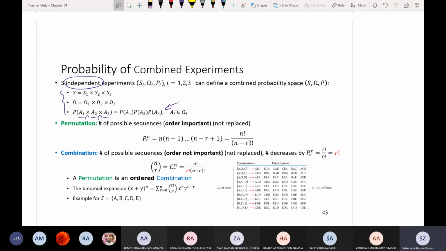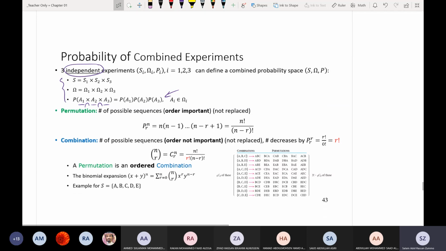Most of you, I think, have taken it somewhere before, permutations and combinations, I don't know what they call them in Arabic. Because they are related to this concept of combined experiments, we need to discuss them here. And these are related to what we call counting principles.